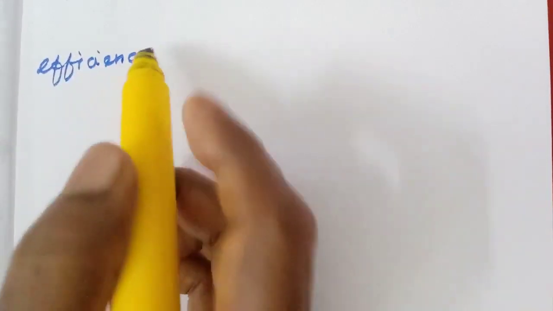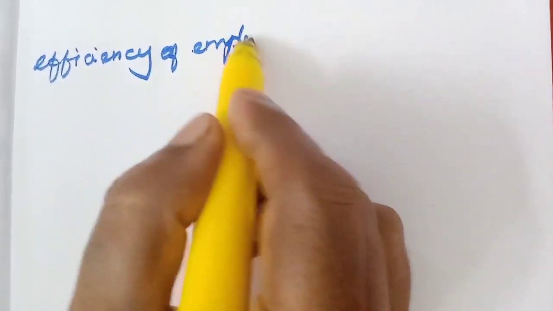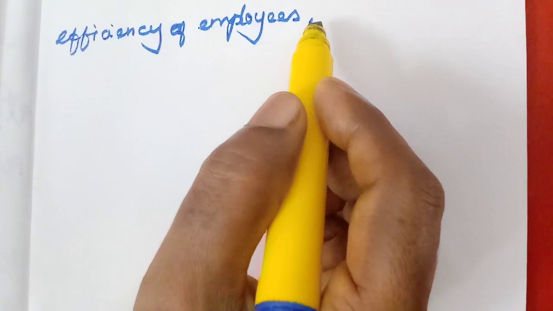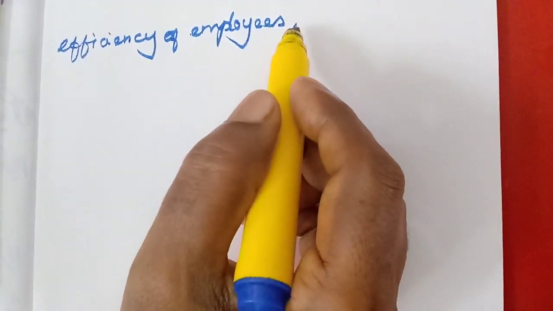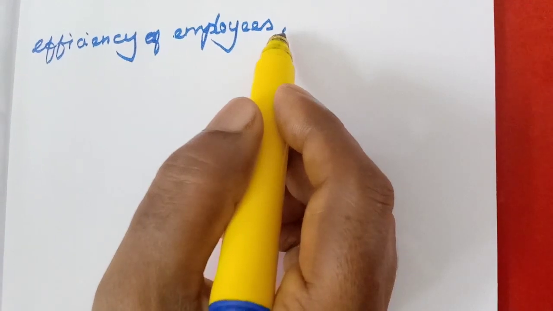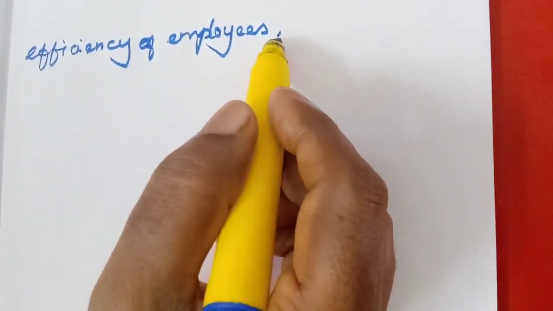Then the efficiency of the employees also will be analyzed. If the employees are efficient, then the total production will be more. If the employees are not efficient, they will not be able to produce more goods within the time limit. There will be more wastage. All this they will analyze.